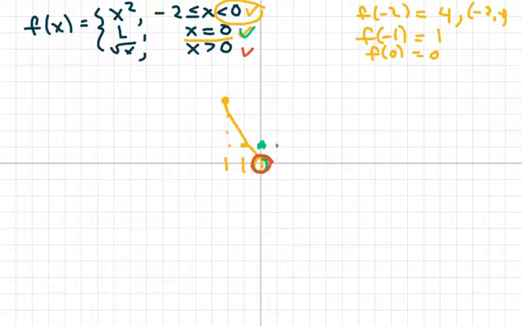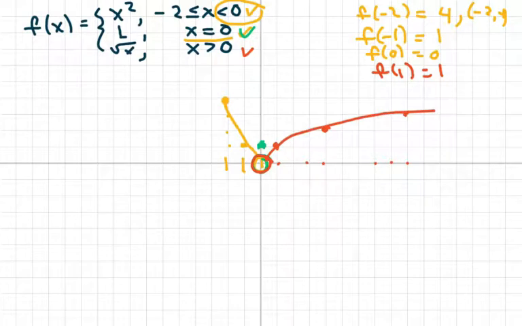So 1 goes to 1 here, f of 1, because the square root of 1 is 1. All right? Then I'm going to go to 4, because I know what the square root of 4 is. 1, 2, 3, 4. The square root of 4 is 2. And I'll go ahead and go to 9. So this is 5, 6, 7, 8, 9. Square root of 9 is 3. So there it is.